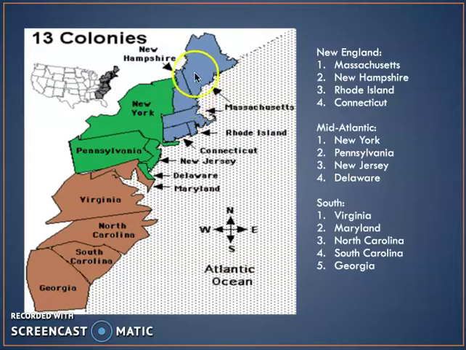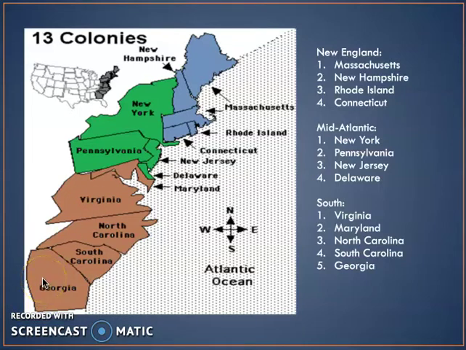Okay, and these are located right here. Then the Mid-Atlantic colonies are going to be New York, Pennsylvania, New Jersey, and Delaware. And then if you work your way down to the south, really we're going to focus on a lot of parts today in Virginia, but you have Virginia, Maryland, North Carolina, South Carolina, and then Georgia down here in the farthest south.